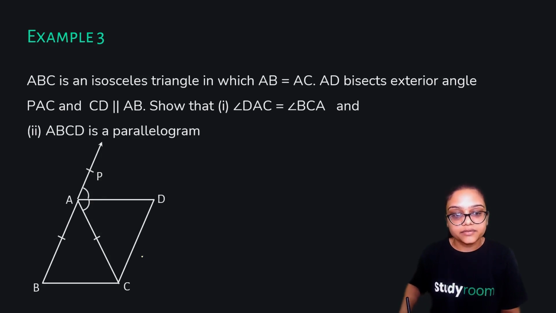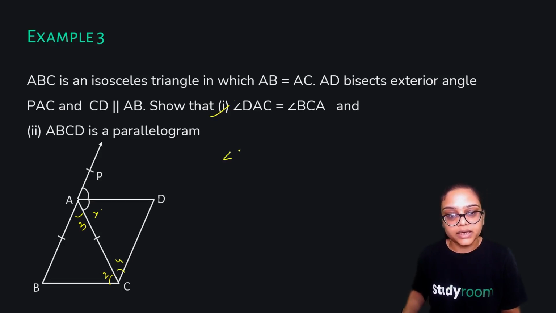We need to show that this angle and this angle are equal in the first case. I'll name it 3 and this as 4. Since these lines are parallel, by AB parallel to CD, angle 3 would be equal to angle 4.